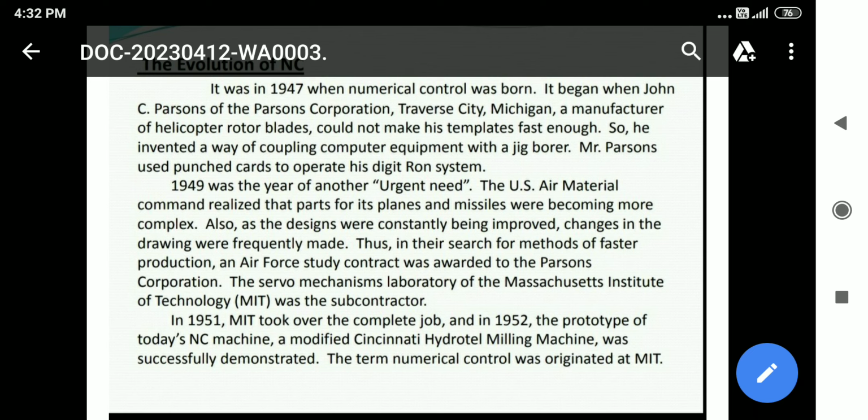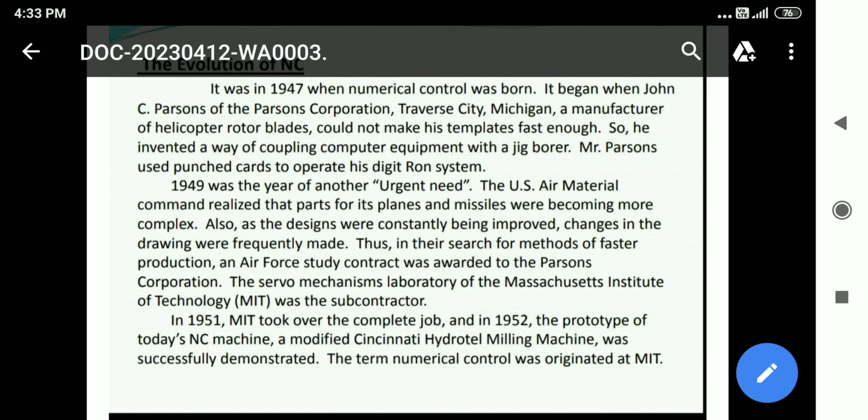In their search for methods of faster production, an Air Force study contract was awarded to the Parsons Corporation. For the manufacturing of plane parts and missile parts, the contract was given to Mr. Parsons. The Servo Mechanism Laboratory of the Massachusetts Institute of Technology (MIT) was a subcontractor.